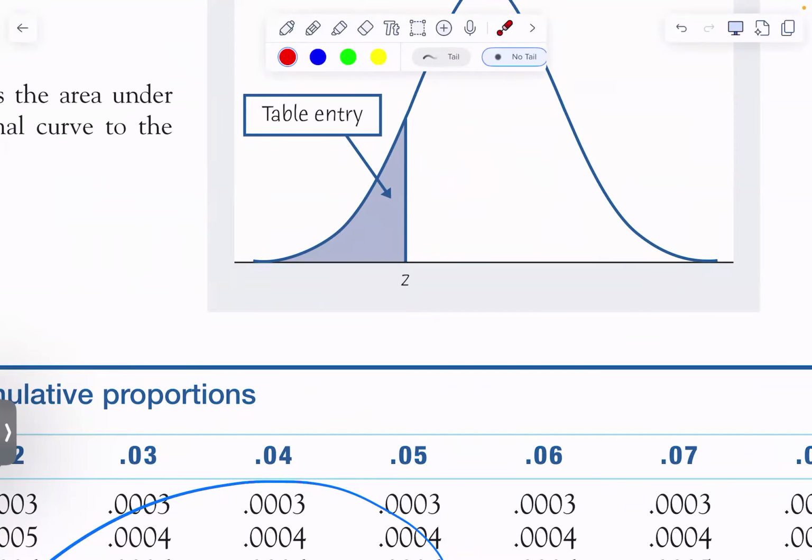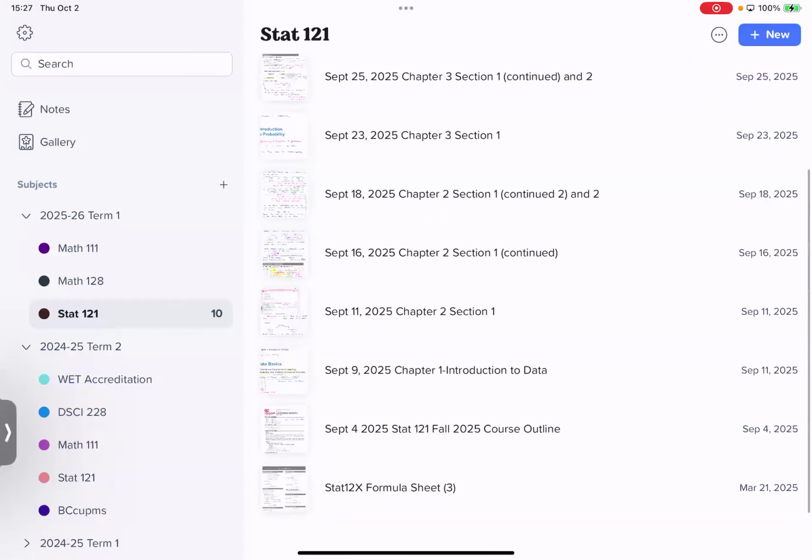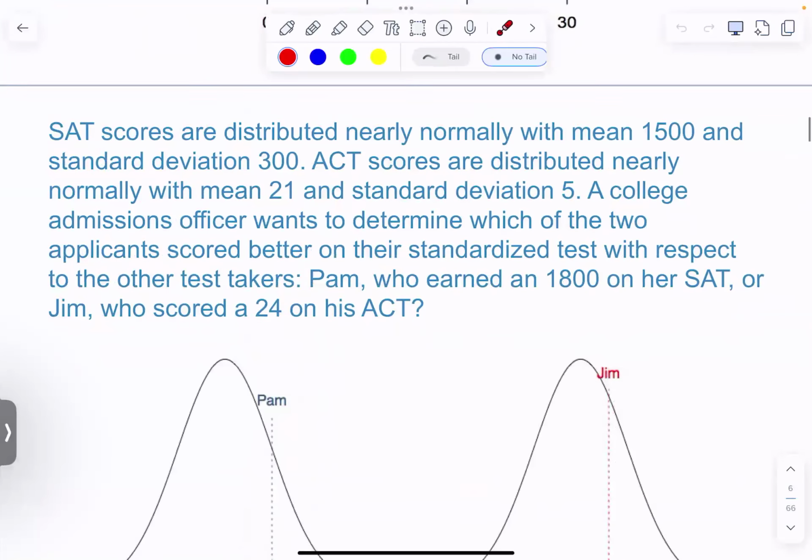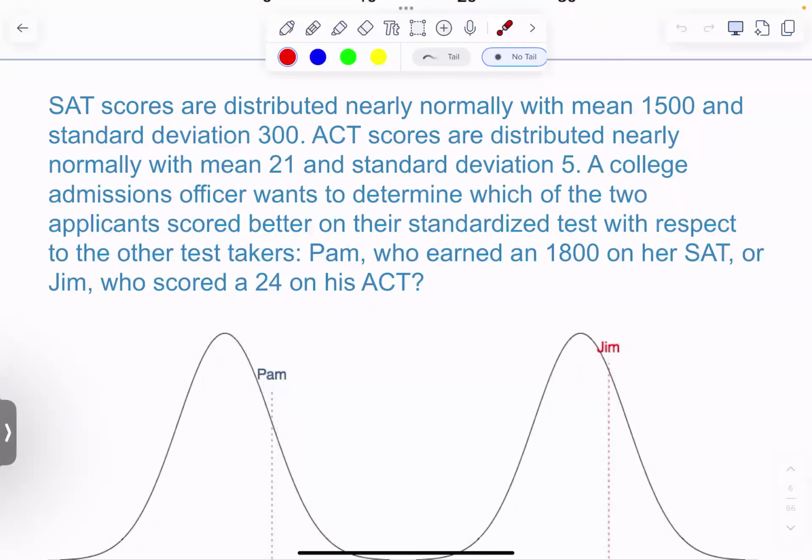And so what are z-scores, or any standardized scores really? In the States, I don't even know if this is true still, but presumably you can write SAT exams or ACT exams.